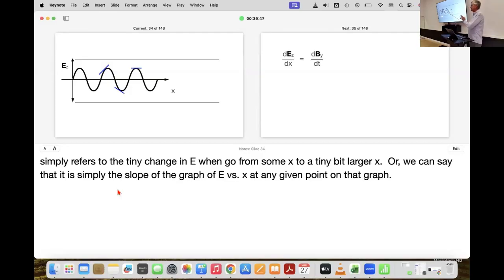And all we have to worry about is what's the value of the wave at each point along the x-axis. And so when x equals 0, E equals 0. And remember, I also showed you that these 0 points have to correspond to when x equals pi or 2 pi.